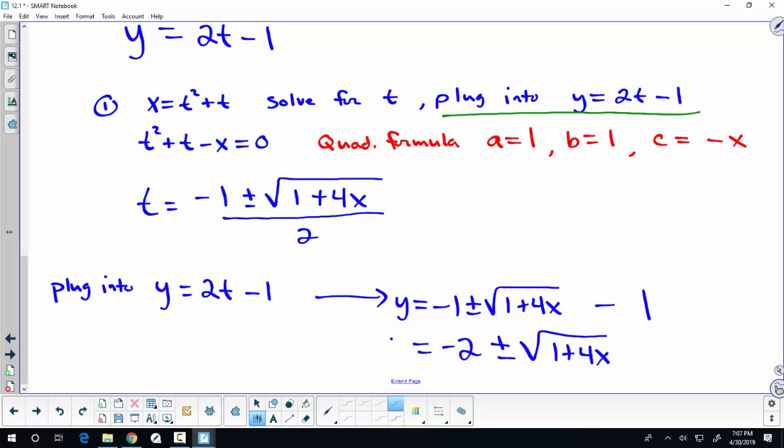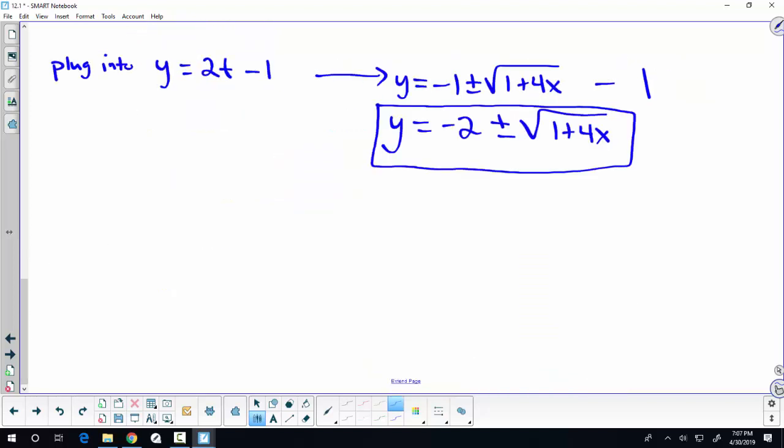Now, granted, that's not typically what we're used to seeing in terms of a Cartesian equation, but maybe it's a little bit better than seeing like x equals y squared plus y plus something else, right? Because if you can remember what the square root graph looks like, we've got a positive root and a negative root.